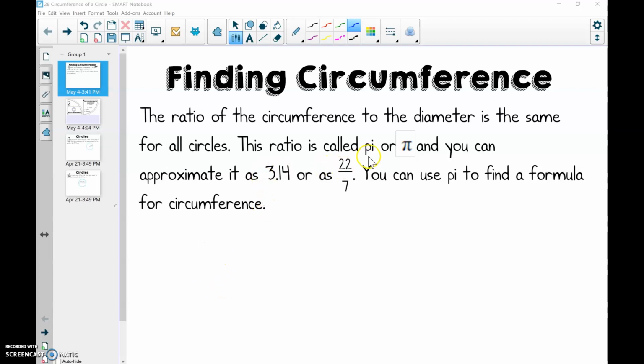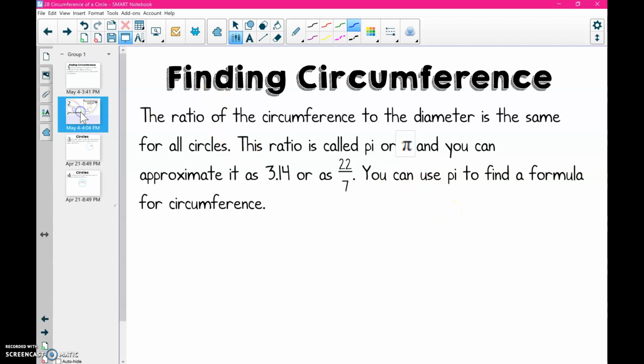So the ratio is called pi, or you can use the symbol that you've seen before. And we approximate that because pi goes on and on, no pattern, no way to stop it, goes on forever and ever, so we just round it to the nearest hundredth and use 3.14. You might also see it used as a fraction with 22/7, but we're going to stick with the decimal, the 3.14. And that's what we can use as our pi to find the formula for our circumference.